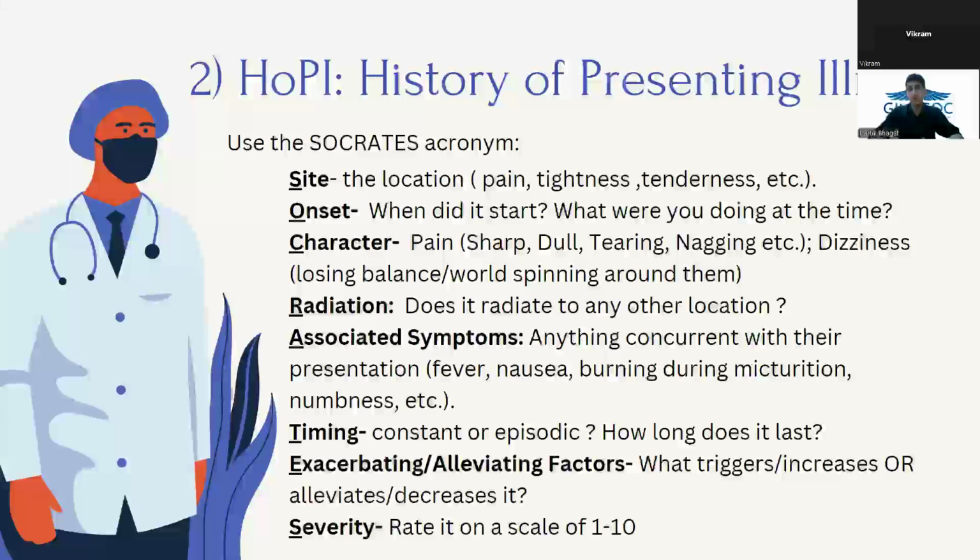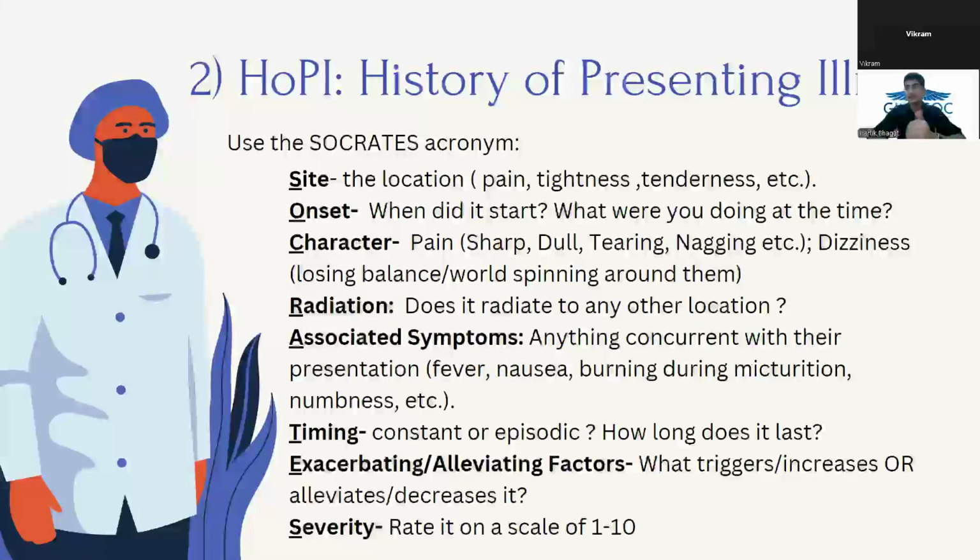Severity, very important. You end by asking a question on an objective scale. On a scale of 1 to 10, what would you rate it? In fact, this particular question you should be using every time you see the patient henceforth. Because let's say they've come in with pain or dizziness and it's a discomfort on the scale of 8 or 9. You see them maybe the next day on your rounds, and let's say they're an inpatient.